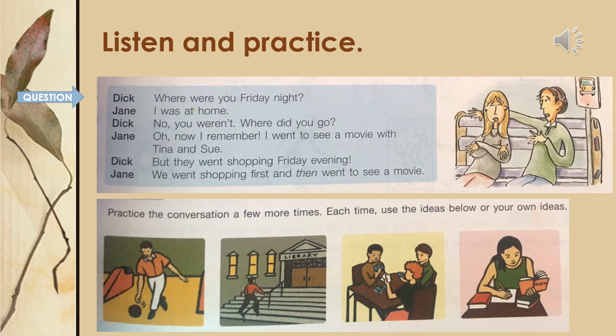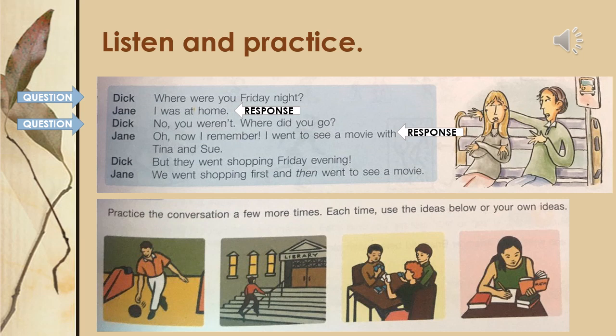And Jane gave a response. I was at home. So she was telling that on Friday night she was at home. But Dick did not believe it, and so he asked another question. Where did you go? And Jane says that she remembers, and she said that I went to see a movie with Tina and Sue.